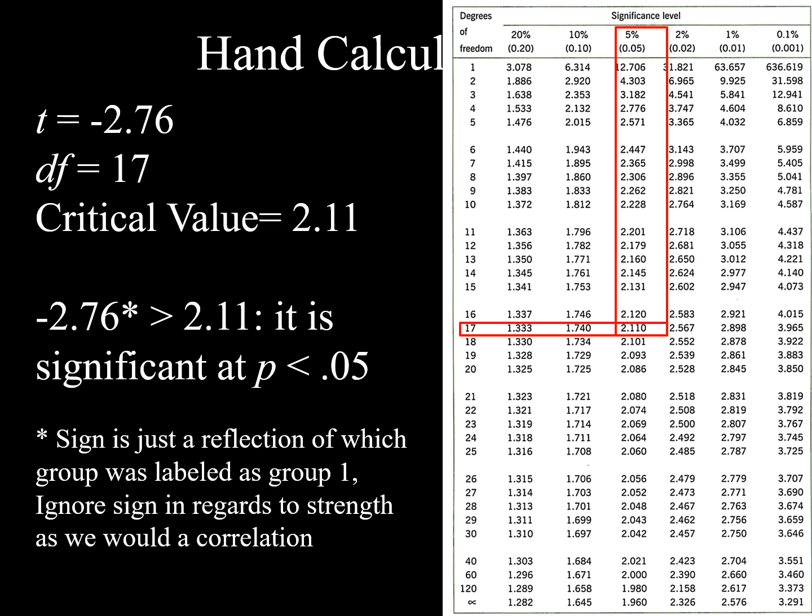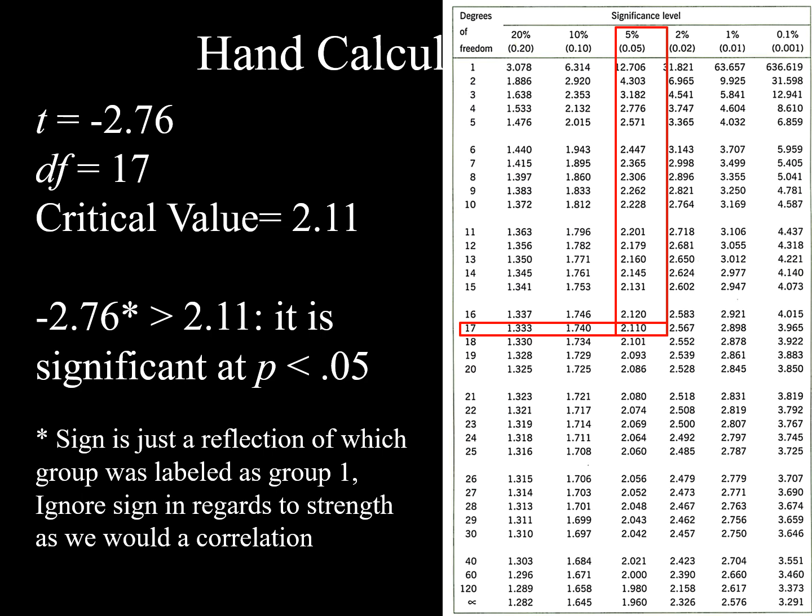Now, if we look at that chart and ask, what about less than 0.05, or 0.01, or 0.001? We can follow that over and see that for us to have a p-value of less than 0.01, we would need a critical value of 2.898. So it would not be significant at that point. And if we wanted a p-value of 0.001 or less, we'd need to see a 3.965.